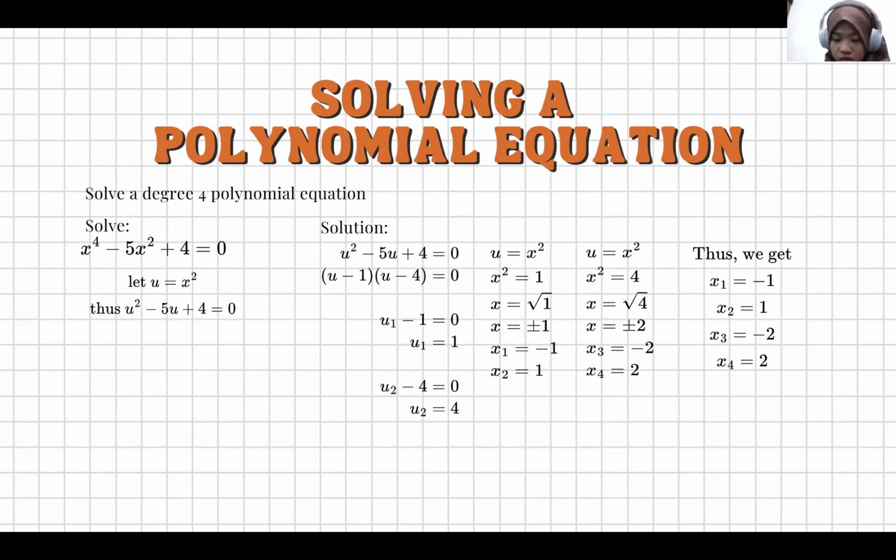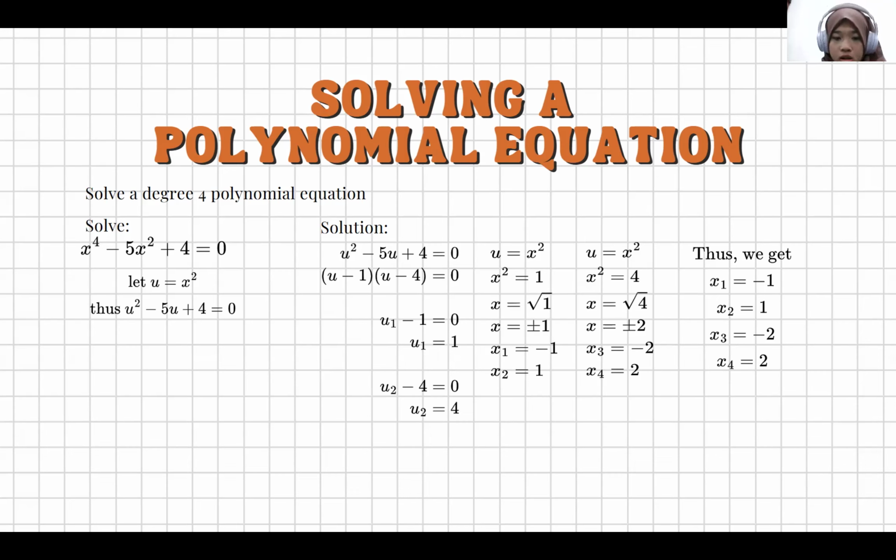u squared plus 4 minus 5u is equal to 0. So we can factorize this equation. The first factor is u minus 1, and the second factor is u minus 4. It's equal to 0.